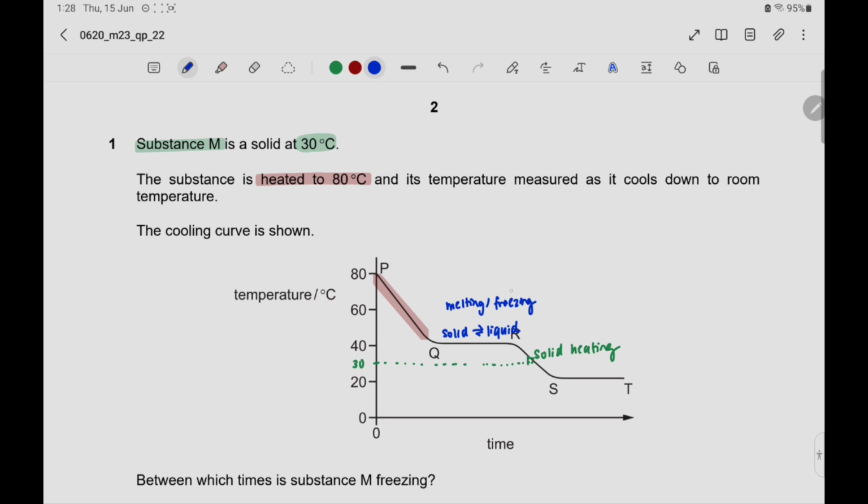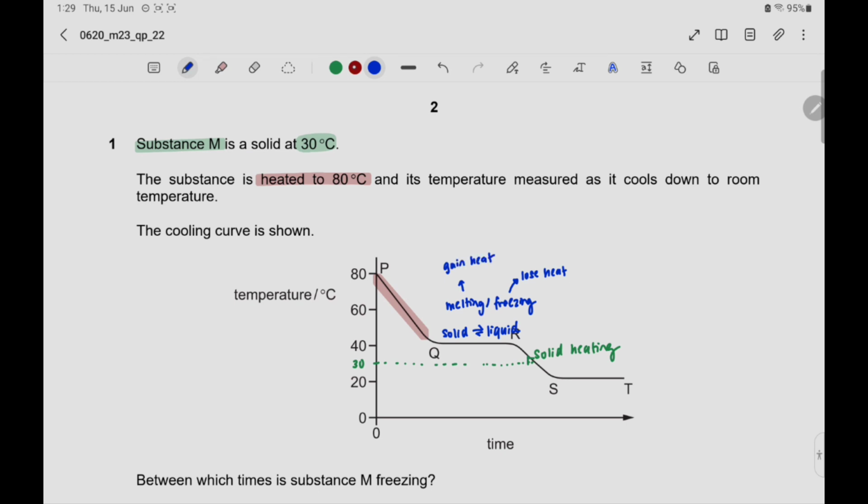When you're freezing, the particles are closely packed together, so we are losing heat. Today, I want to melt them. I want them to be further apart. So they are gaining heat.